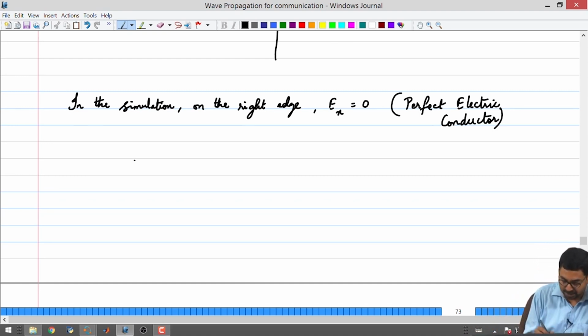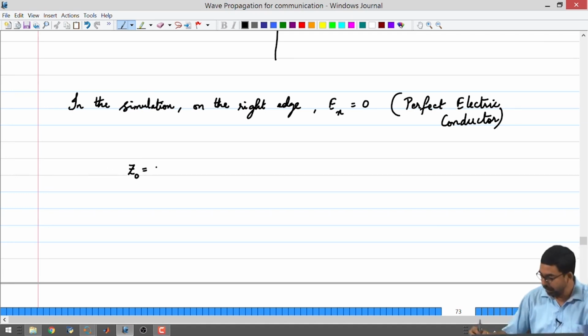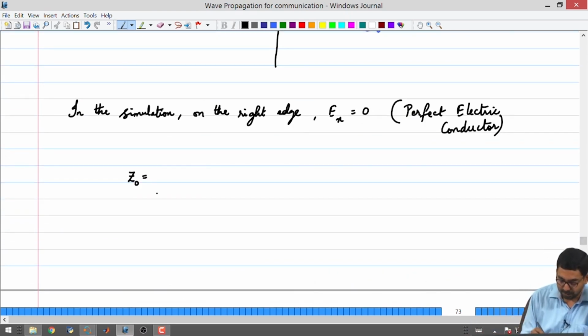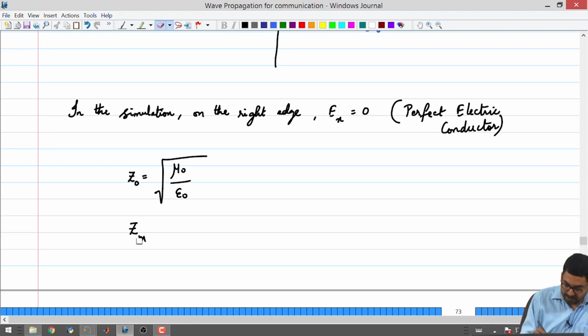Let us look at the characteristic impedance for the electromagnetic wave. For vacuum, I have the square root of mu naught divided by epsilon naught. For some medium, I will replace this Z with Zm to indicate that I have a medium; a more common representation is Zr, you can use that.